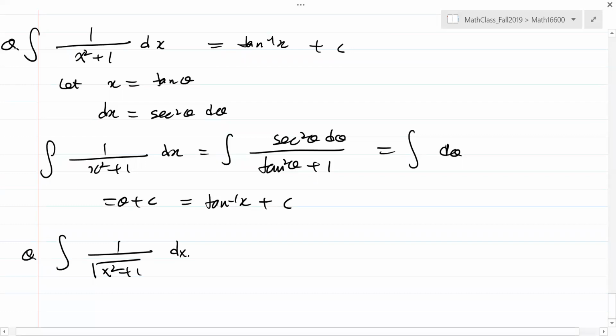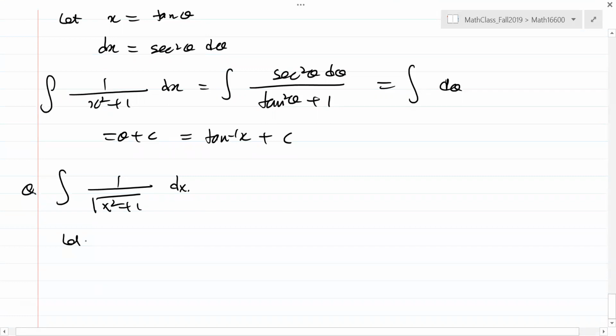So let's use a substitution. Let x be tangent theta, then dx equals secant square theta d theta.